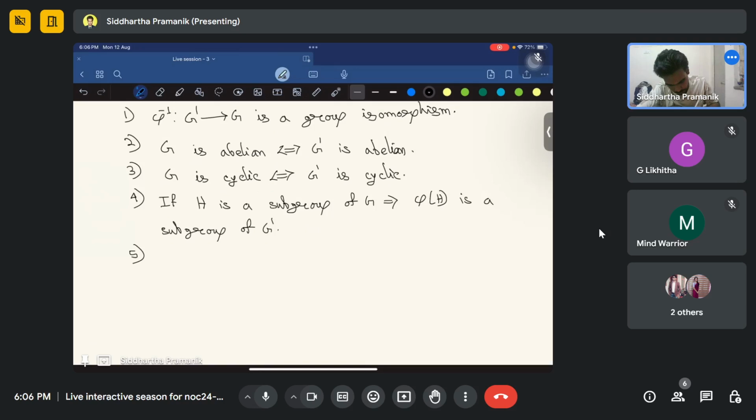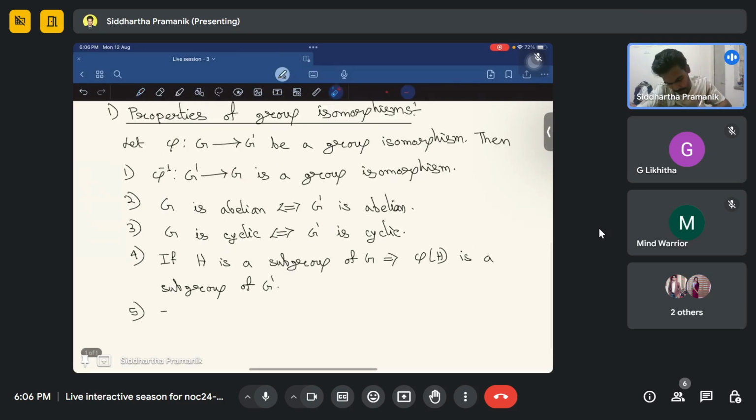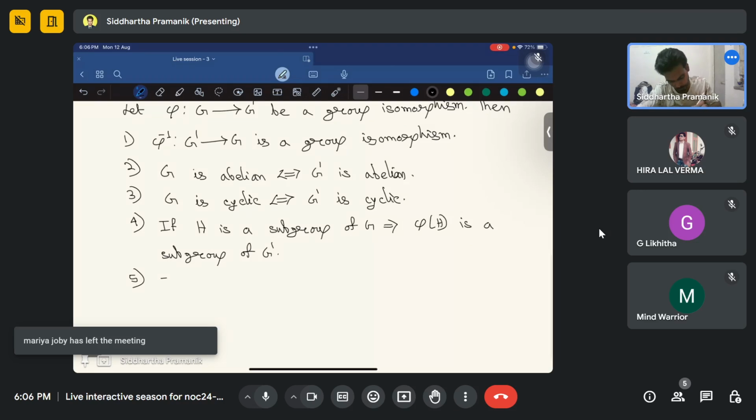Fifth one is: if we take a subgroup in G prime, then the inverse image of that will be a subgroup.